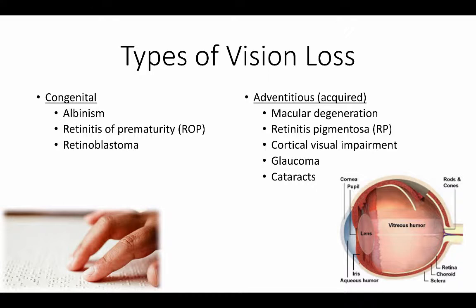They also have some misrouting of the optic nerve, sending vision signals up into the brain. And the iris, the colored area of the eye, has little to no pigment, so the light that normally enters just through our pupil is able to enter through their pupil and their iris, making them very sensitive to light.